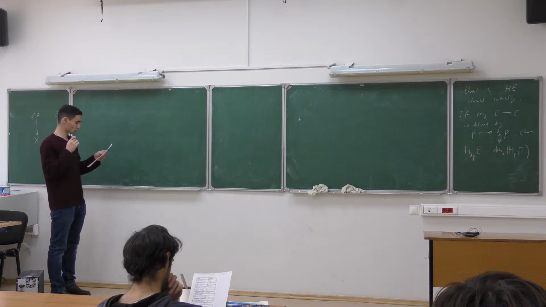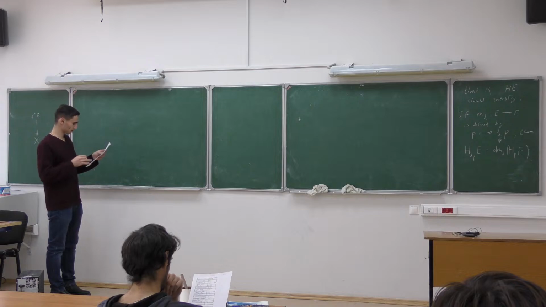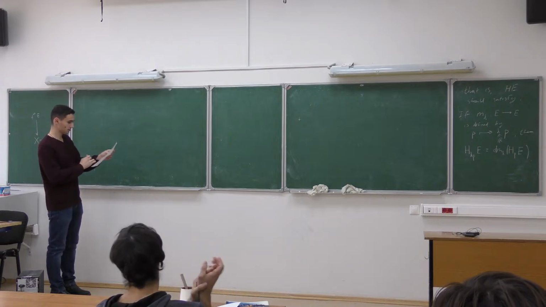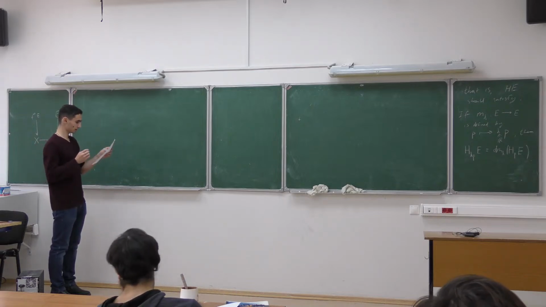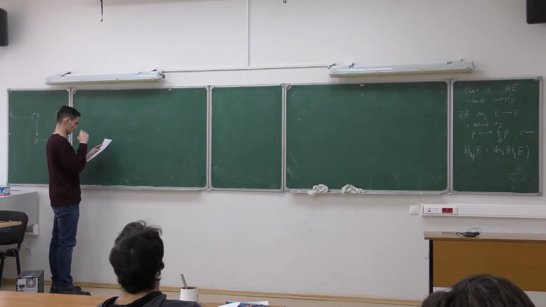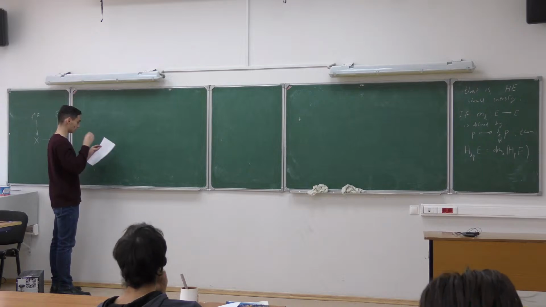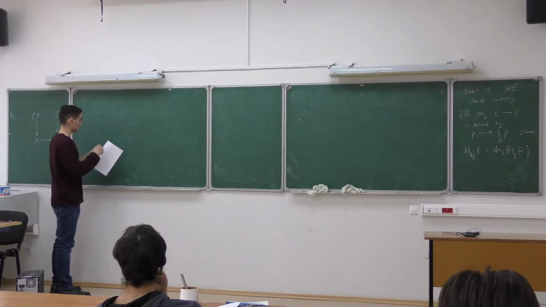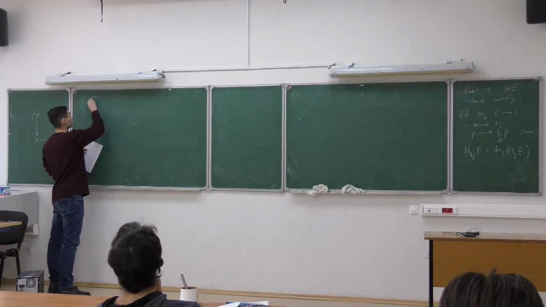We're asked to show that the Euler-Lagrange equations give the geodesic equation if the curve is parameterized naturally. So consider the Euler-Lagrange equations.